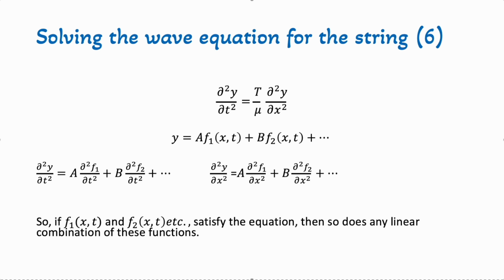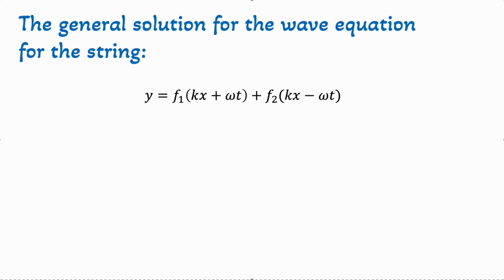So this is great. This means that we can write down what we've got so far in one very neat form which is completely general. And that is this. y is f1 of kx plus omega t plus f2 of kx minus omega t, where f1 and f2 are any functions at all.